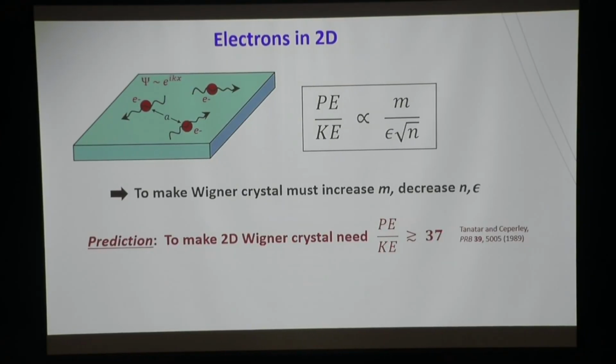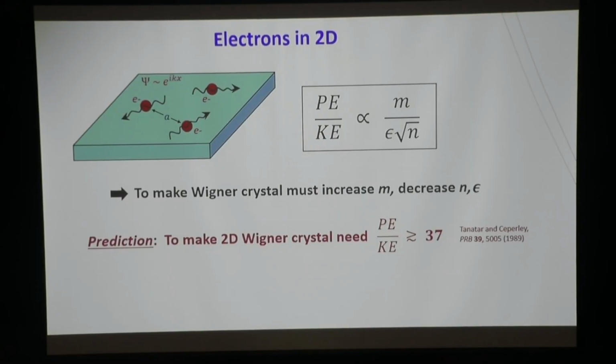The answer is 37. So they predict that if this ratio is bigger than 37, the electrons will freeze into a crystal, whereas if this ratio is smaller than 37, then the electrons should be in a liquid phase.